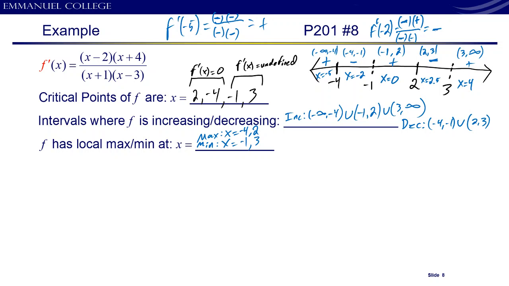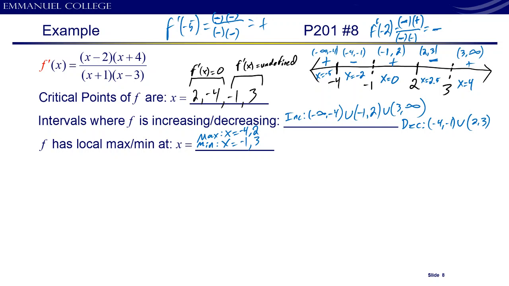Now, this is one thing to be aware of. We don't necessarily know from this function if we're actually going to have them at negative 1 and at 3, because that's where the derivative is undefined. Just because the derivative is undefined does not necessarily mean that the function is undefined there.